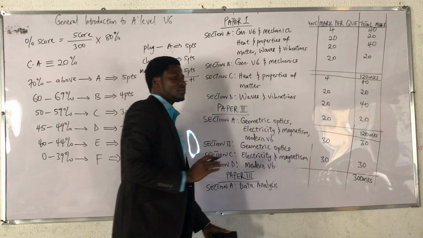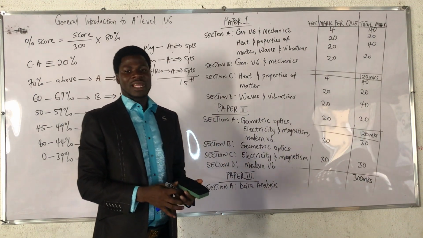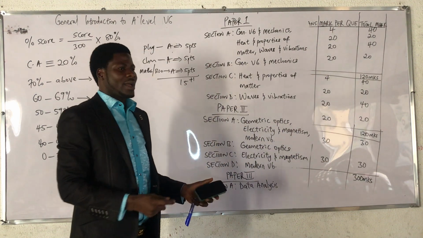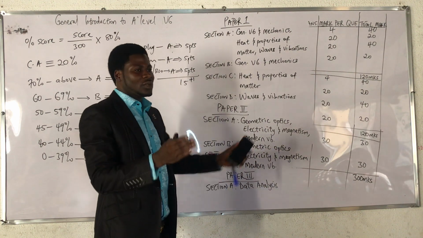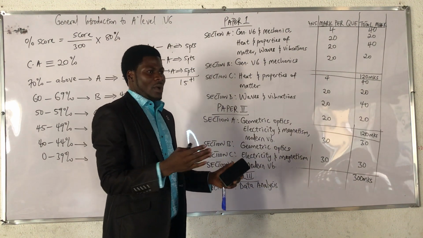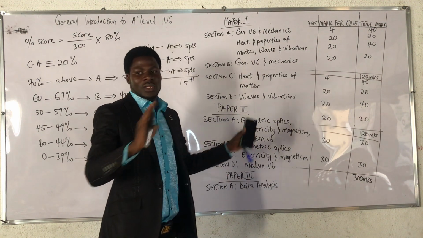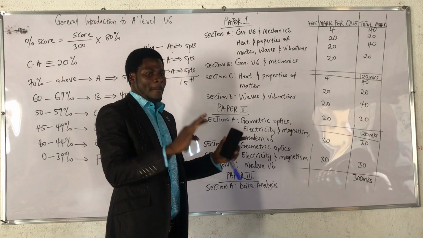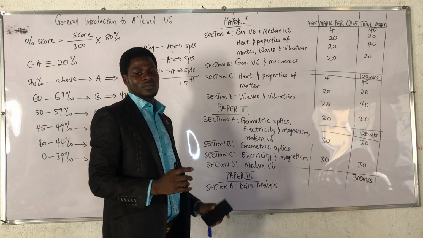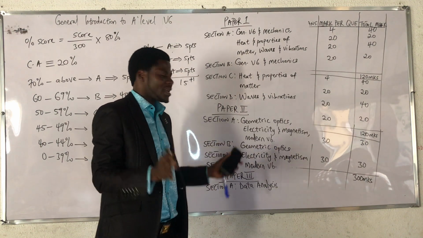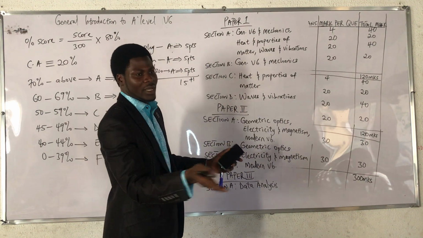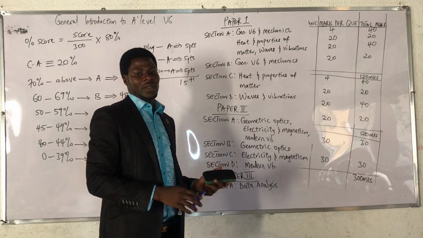Here they will give you an equation, then give you a table, then you have to linearize the equation. After you linearize the equation, you adjust the table, you modify the table to suit the equation you've linearized. Then you plot the graph.